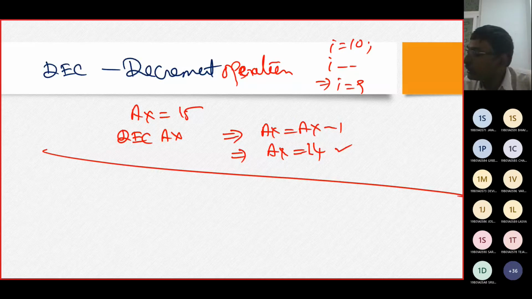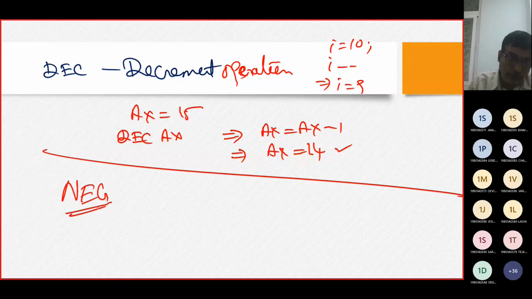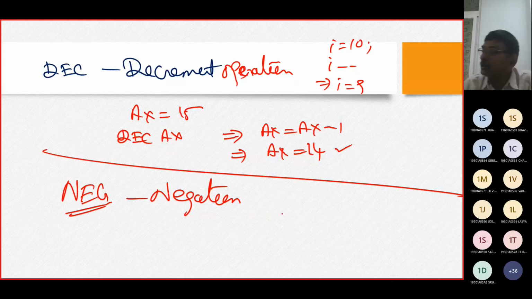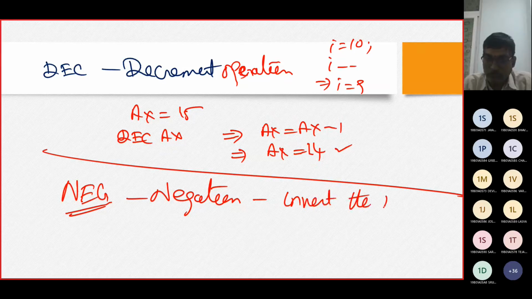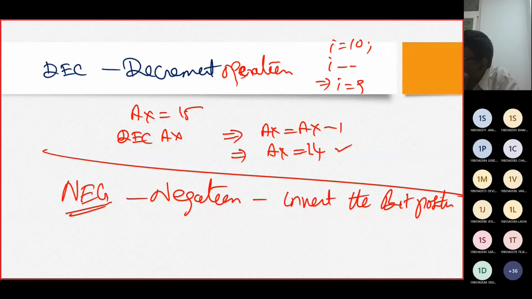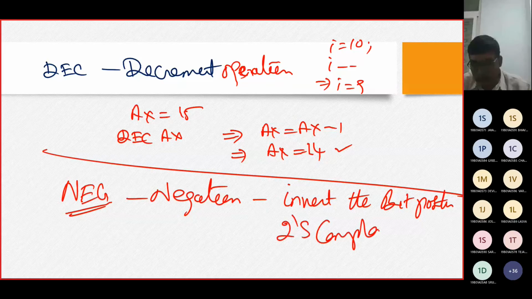So after the decrement operation, we have NEG. NEG stands for negation. What it does is invert the bit positions and perform the 2's complement.